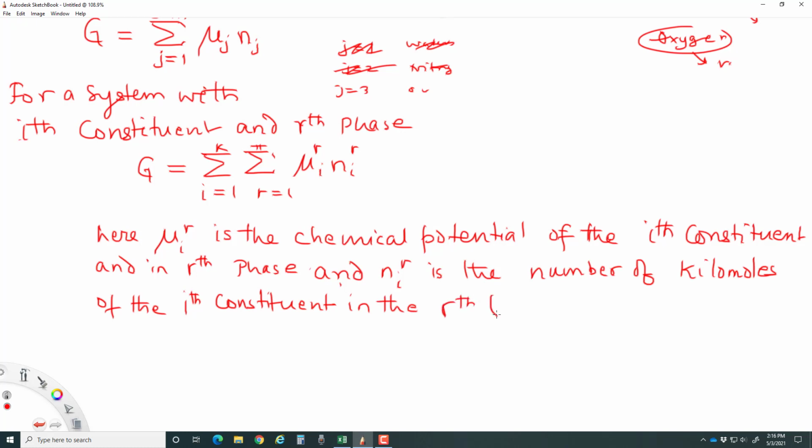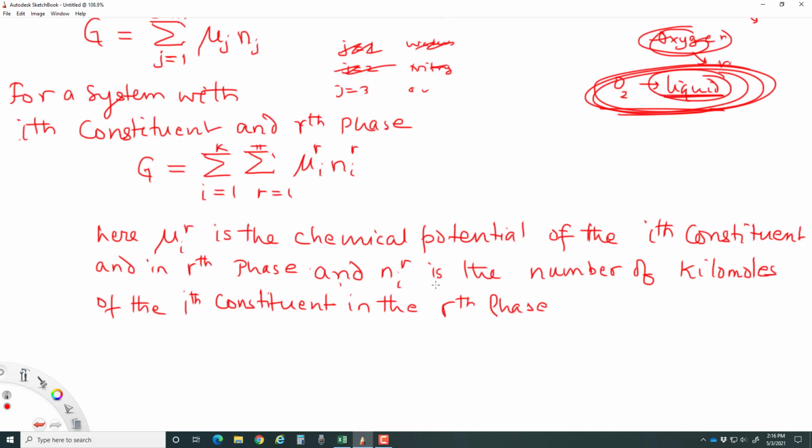Basically if you are considering oxygen in liquid phase, for this particular constituent in this particular phase, this n i gamma would be the number of moles of that.